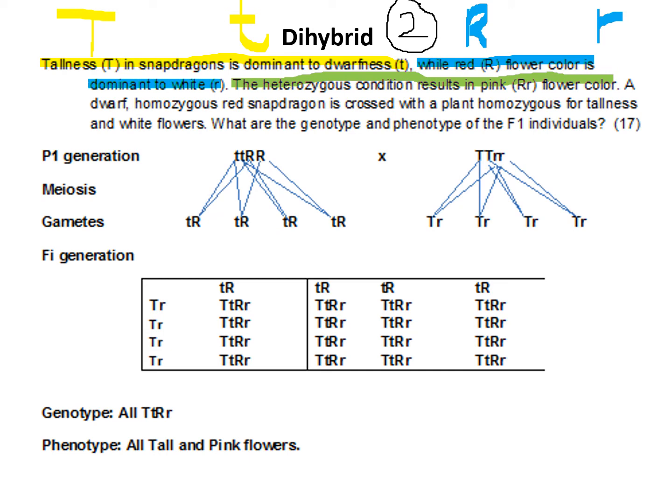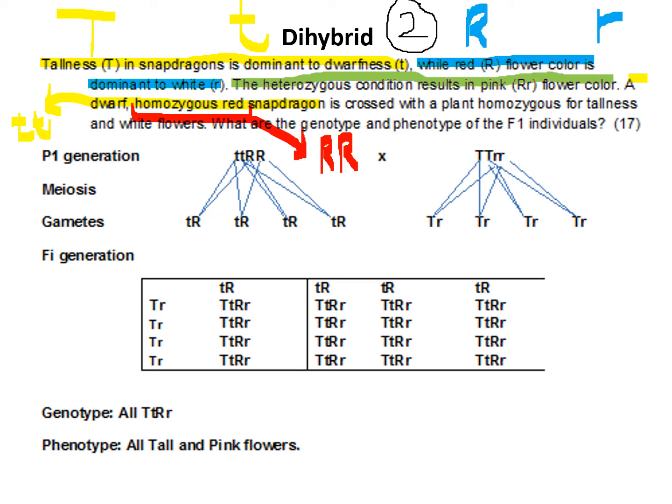The question goes on further to say that a dwarf homozygous red snapdragon. So because it is a dwarf, it has to have the allele small t with regards to its tallness. And because it is homozygous red and red is dominant, we must have capital R and capital R. It is crossed with a plant homozygous for tallness.